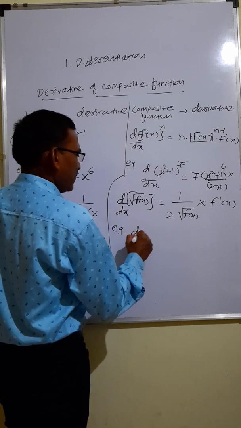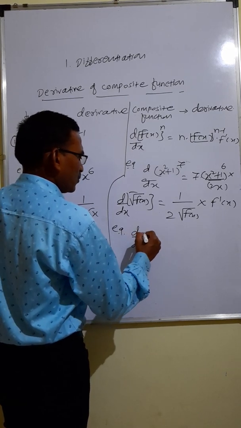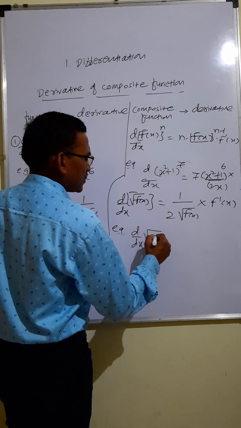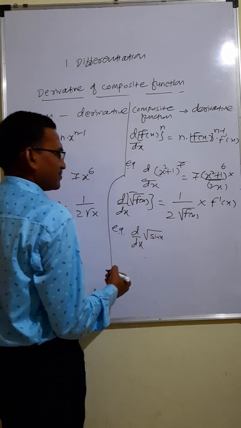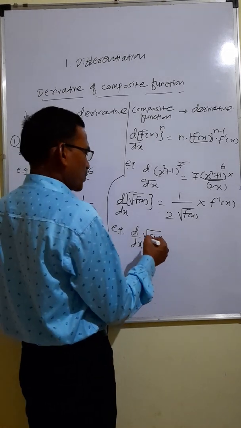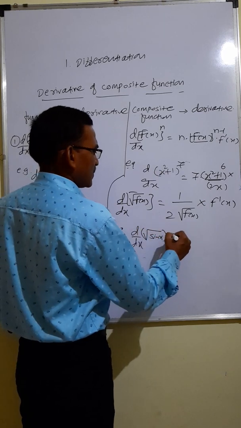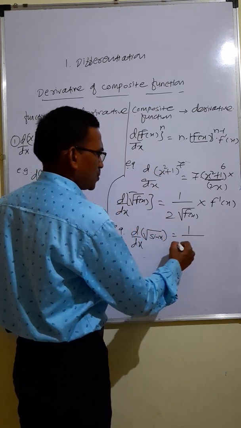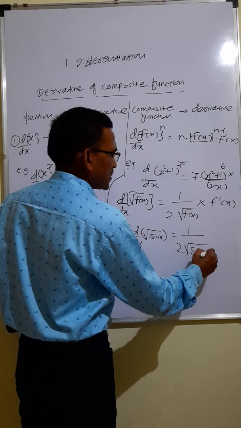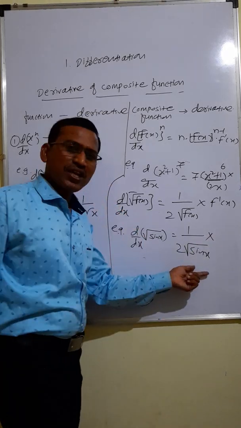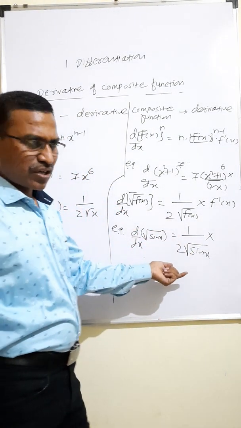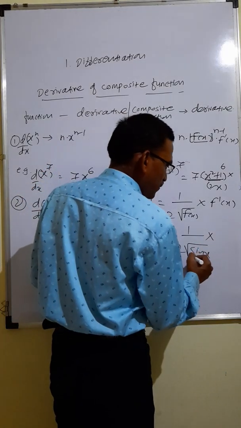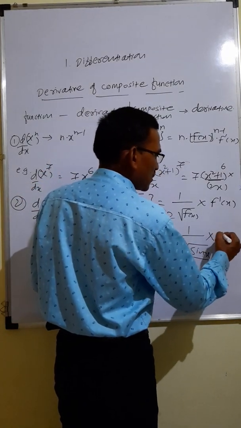So derivative of root of sin x is 1 by 2 root of sin x into, by chain rule, by composite function, the derivative of sin x, which is cos x.